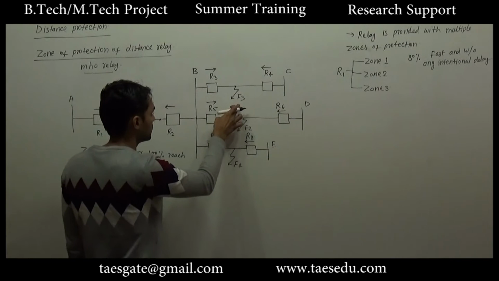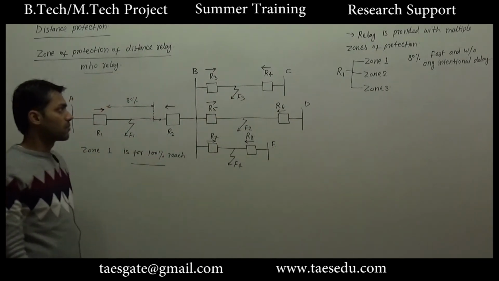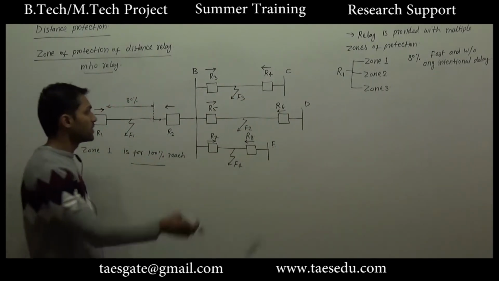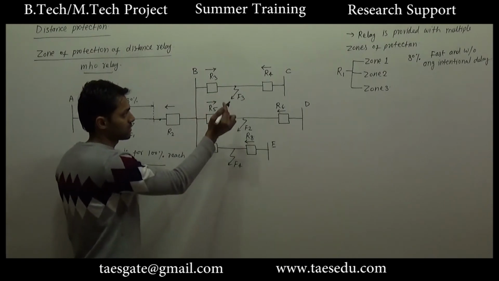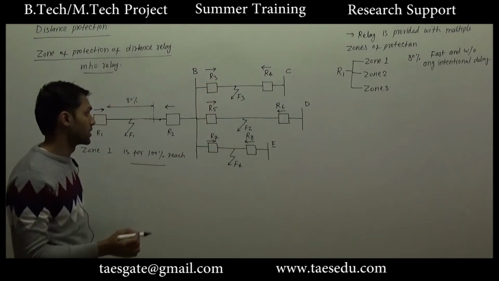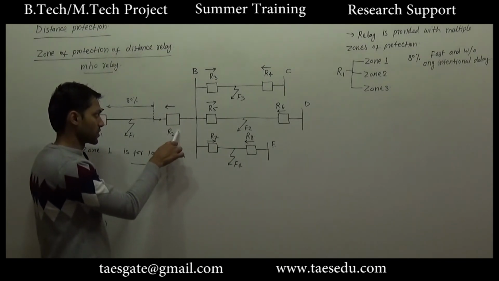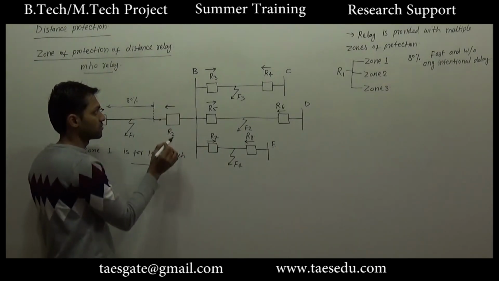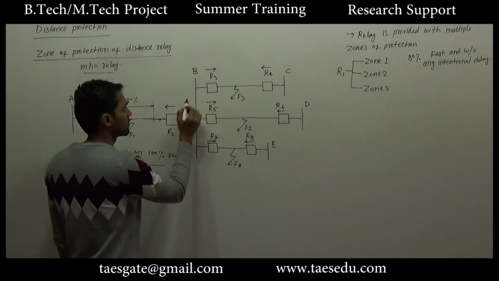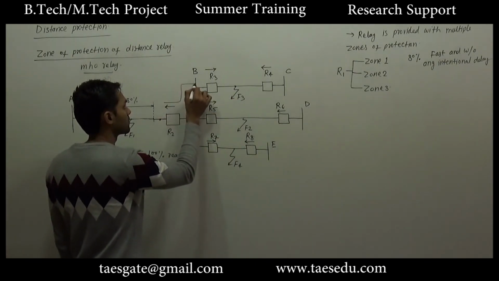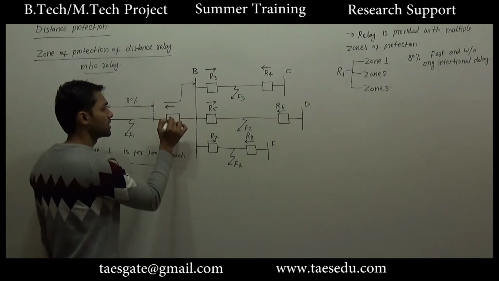So for fault 3, R3 will provide primary protection, and if this relay fails to operate, this relay will not provide backup protection because it is directional. If a fault occurs here, the current will flow like this, so for this direction of current, this relay will not operate.